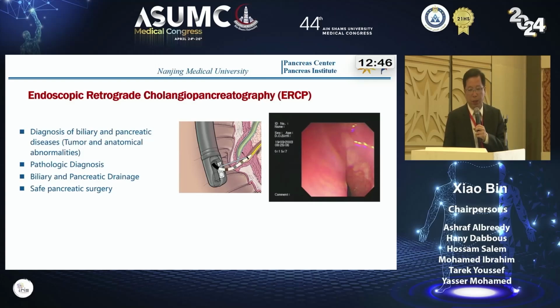ERCP can obtain a diagnosis for biliary and pancreatic diseases. It can also offer pathologic diagnosis, and it can be used in therapeutic applications, like biliary and pancreatic drainage.